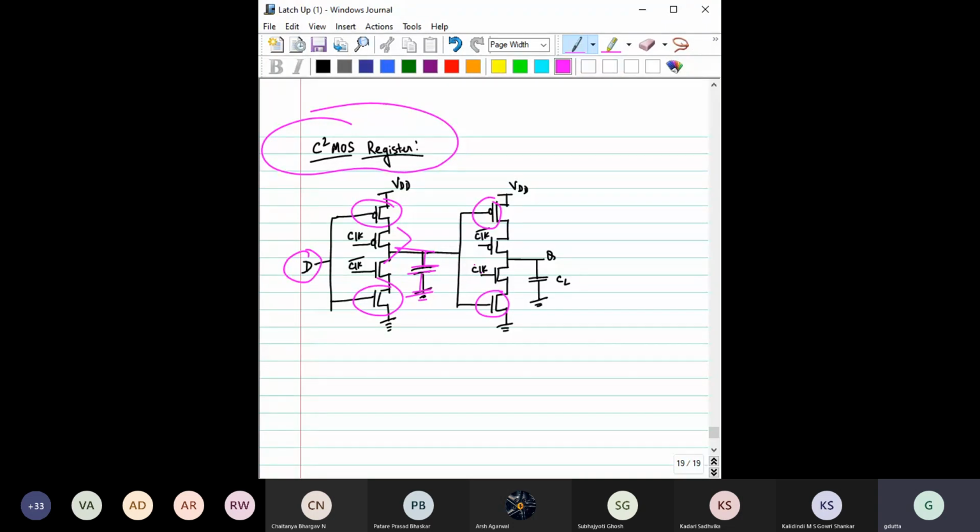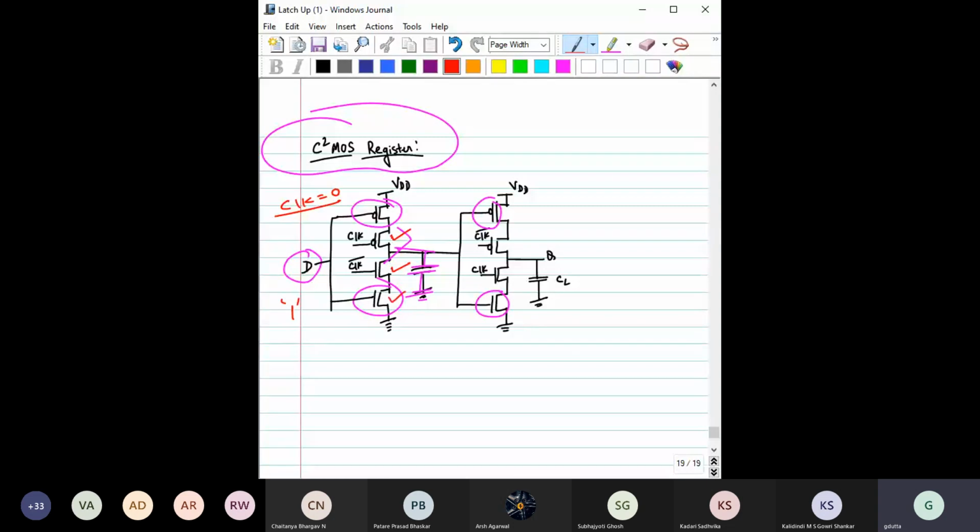Now how does this circuit operate? Say D is equal to 1, and now say clock equal to 0. What will happen to this clock bar? This is on, D is already 1, so this is already on.